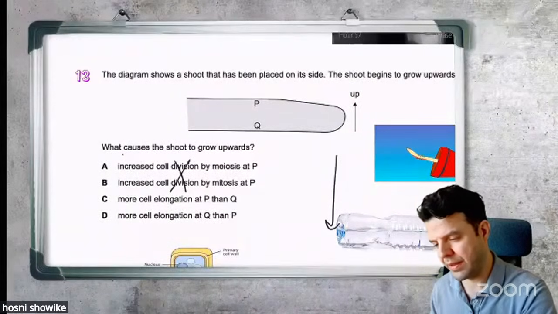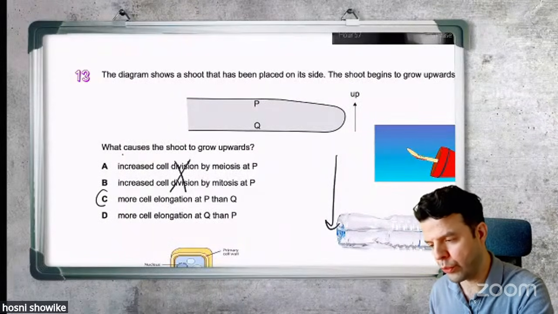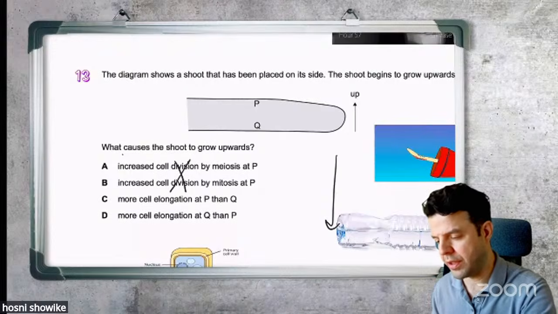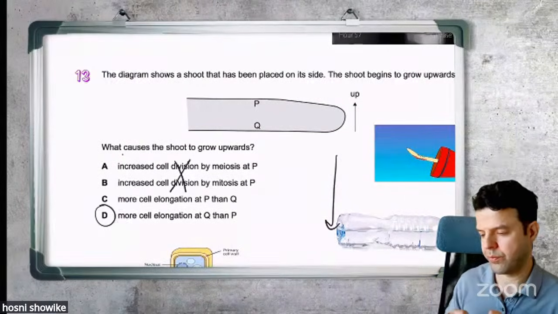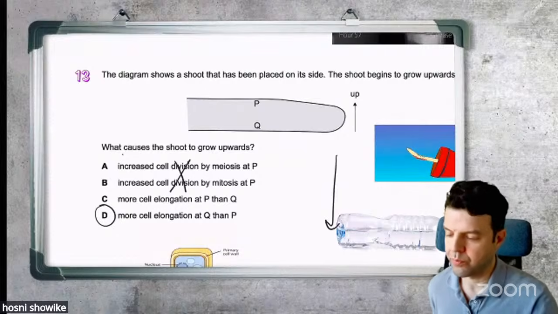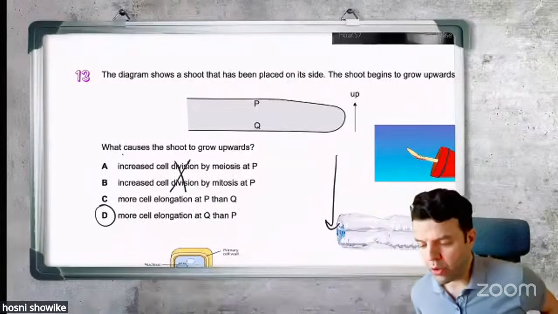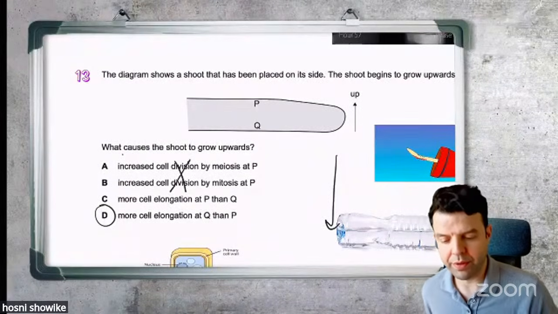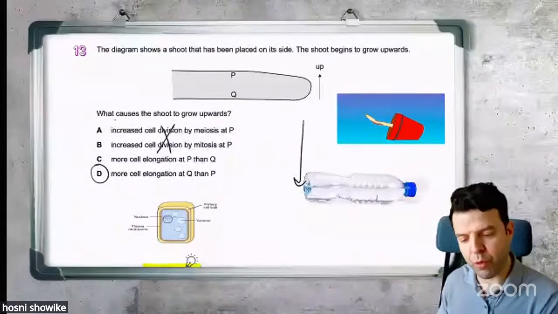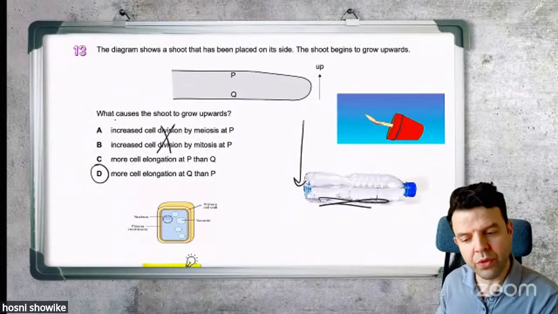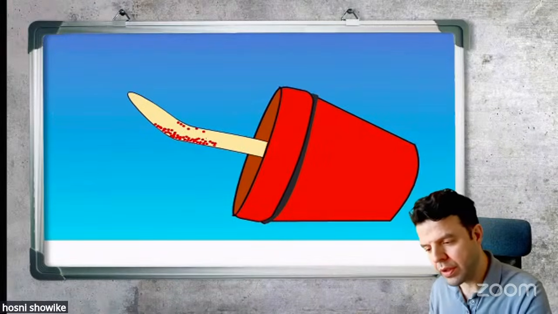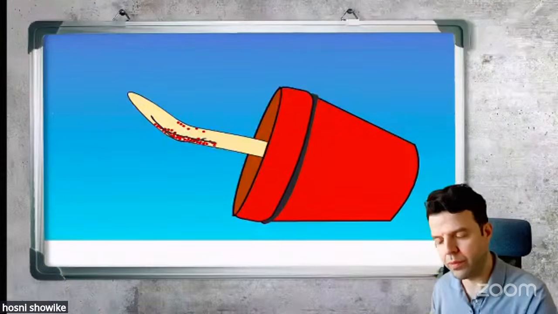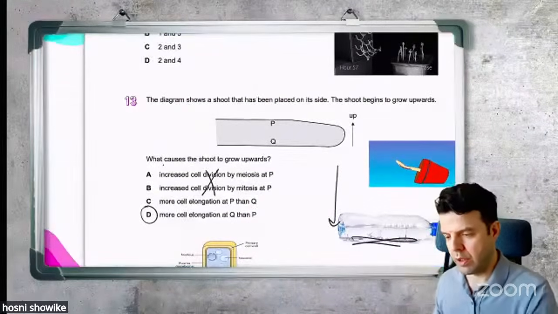Okay, so I'm going to go for Q. Actually, D. More elongation in Q, the bottom side. Isn't that the bottom side where I have more auxins? Like here, at the bottom, you have more auxins. That will grow faster, right? Good.